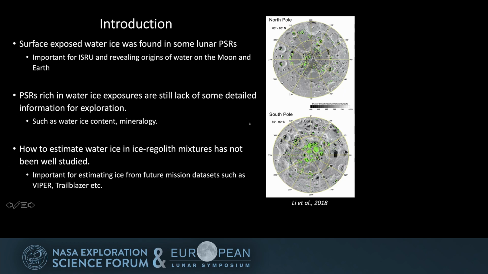And also, most important, how to estimate the water ice in the ice-regolith mixtures has not been well studied, particularly when the ice abundance is low. That's the focus of this work. And also it is important for estimating ice for future mission data, such as VIPER and Trailblazer, which will be launched soon.